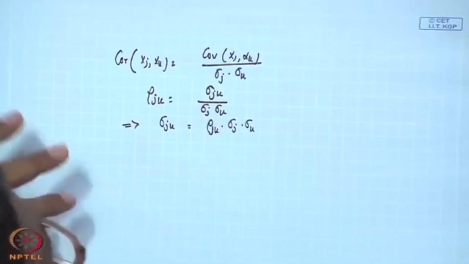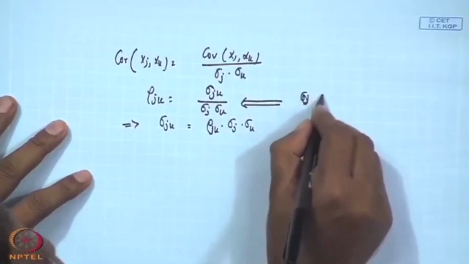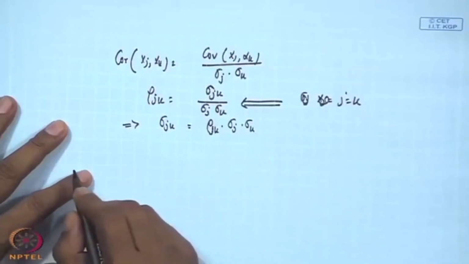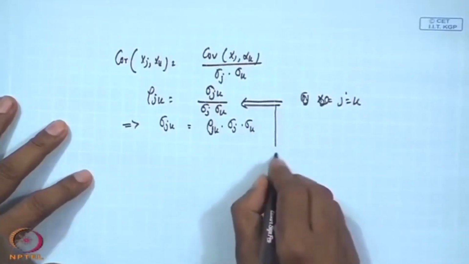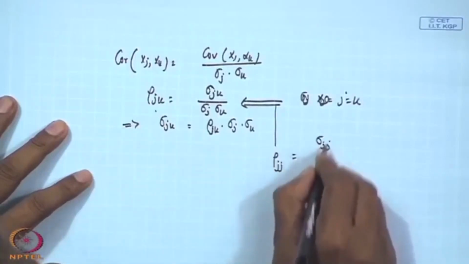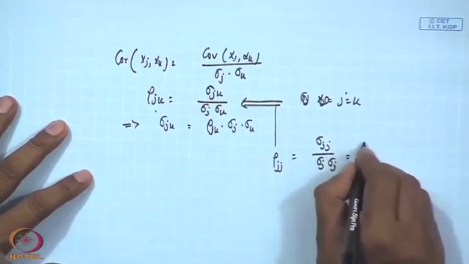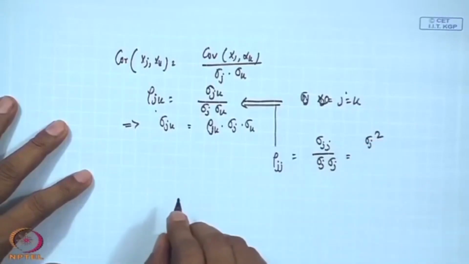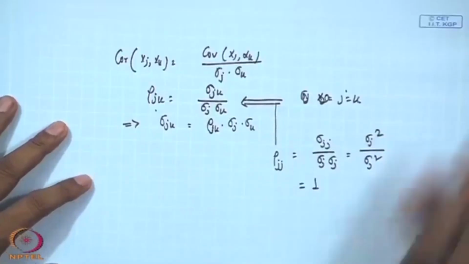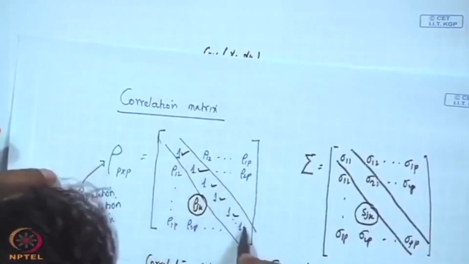Correct. Now, what will happen to this correlation when j equals k? You see what will happen. It will be sigma jj by sigma j sigma j, and we have discussed earlier that sigma jj is nothing but sigma j square. So sigma j square by sigma j square is 1, and as a result you are getting all 1.